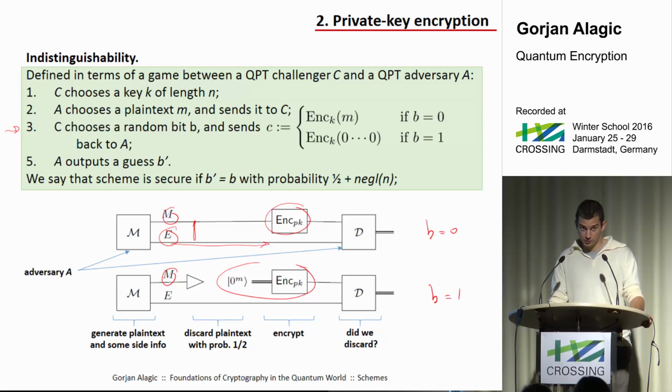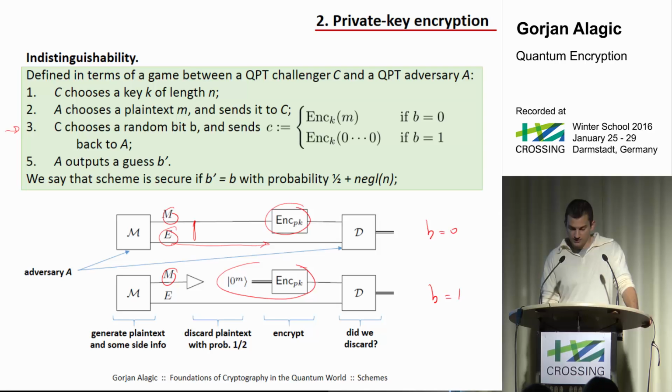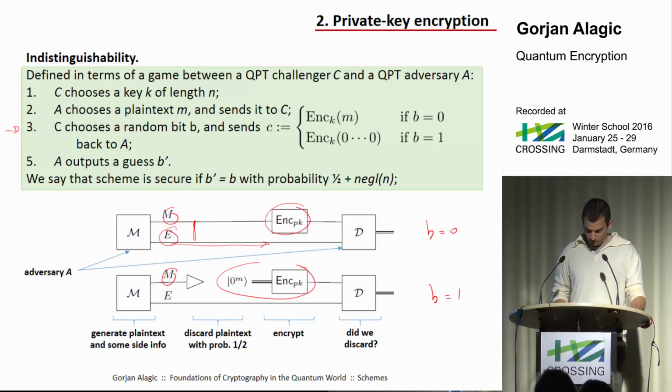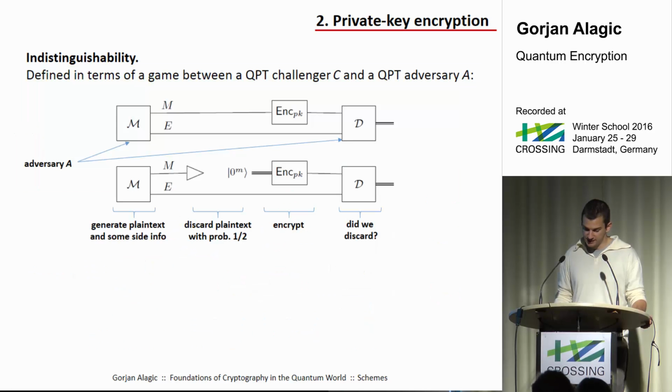And whatever scheme we have should certainly be secure in that case as well, because this is something that is not possible classically, but that we need to take into account quantumly. So these two steps in the middle are what the challenger does, and the task of the adversary is to decide which of these two pictures happened to him. That's the basic indistinguishability setup.